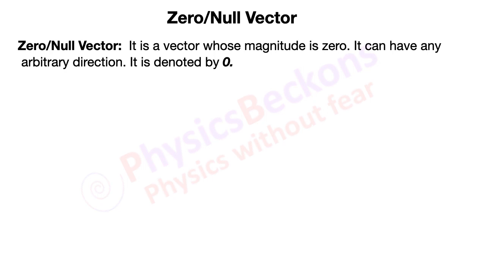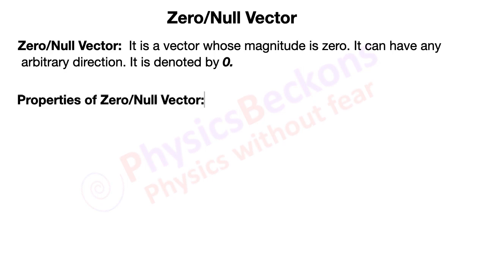Now, what is the need of a null vector? Supposing we have two forces which are equal and opposite, 10 Newton east, 10 Newton west. If you add them, the net force is 0. And since the net force is 0, it has to be a vector quantity. Hence, we define the null vector or zero vector.